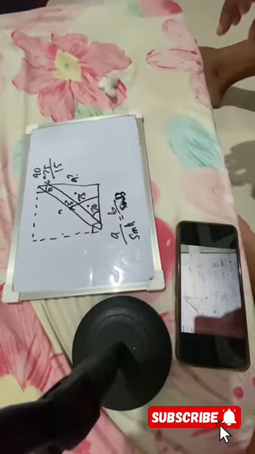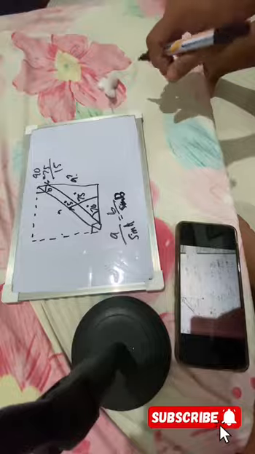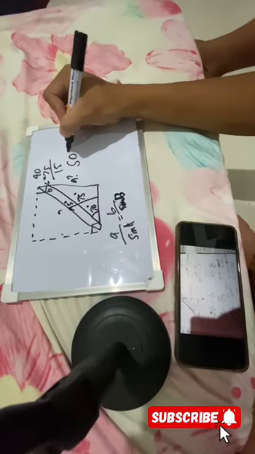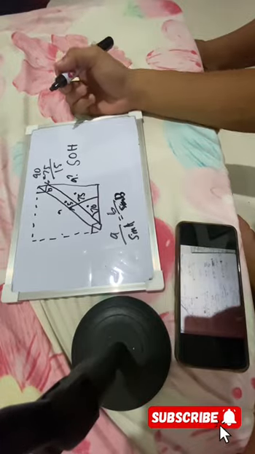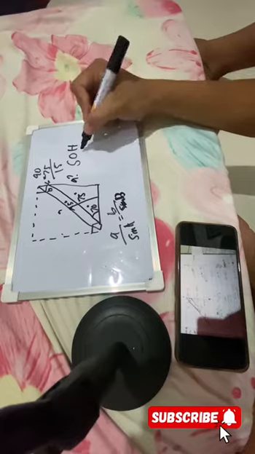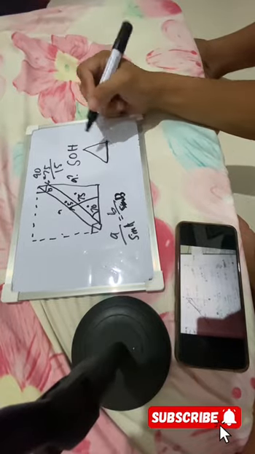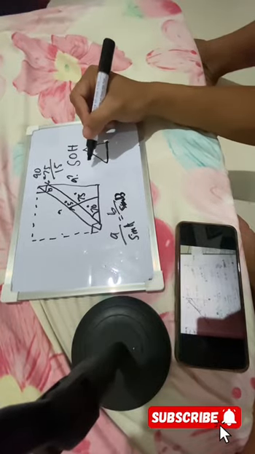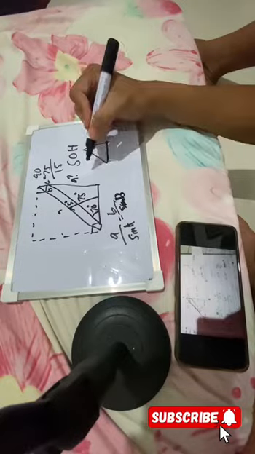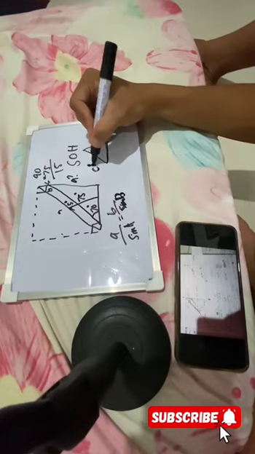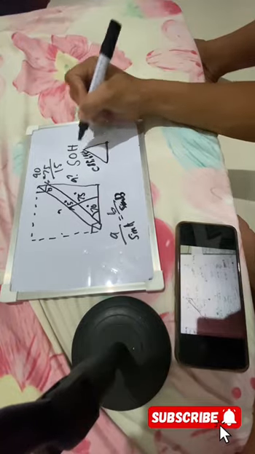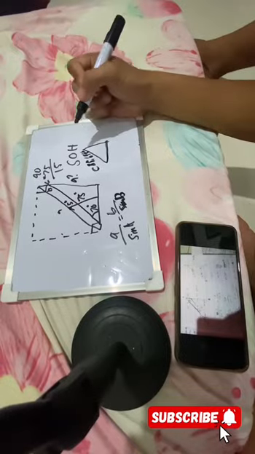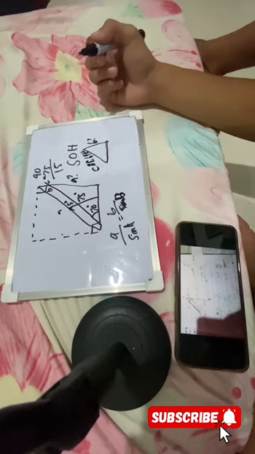In calculating the height, we will use SOH, which means sine is opposite over hypotenuse. So we need to draw the diagram. The hypotenuse, which we solved earlier, has a value of 35.64 feet. Now we are looking for this opposite side.